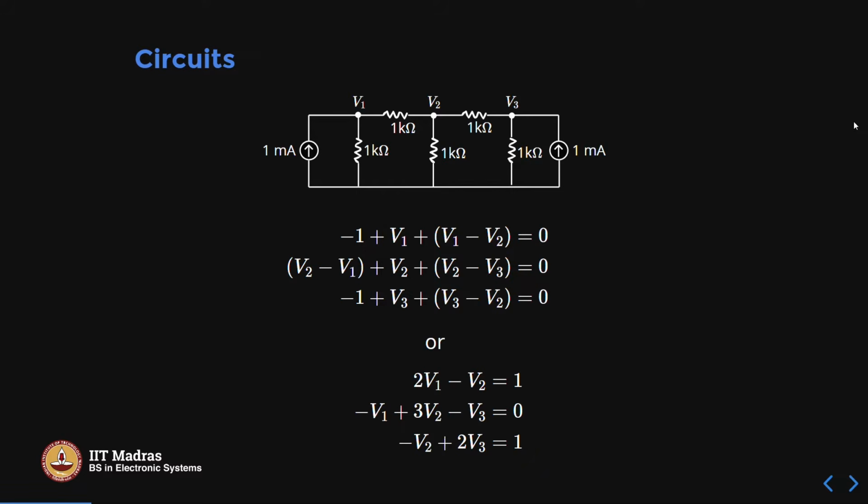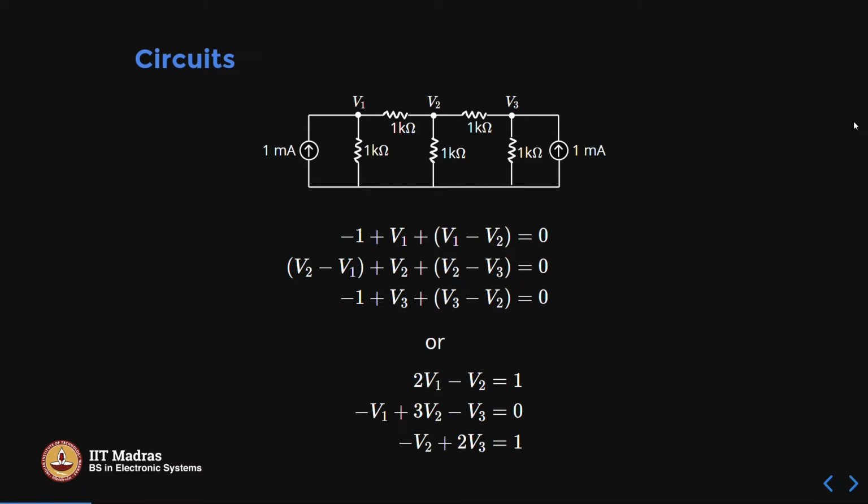You'll study this later on in the electronic systems classes, but I'm just showing you how solving for V1, V2, V3, which are the three voltages, completely solves the circuit.